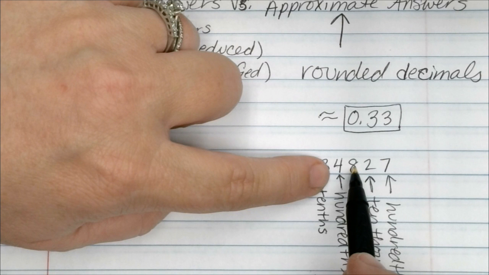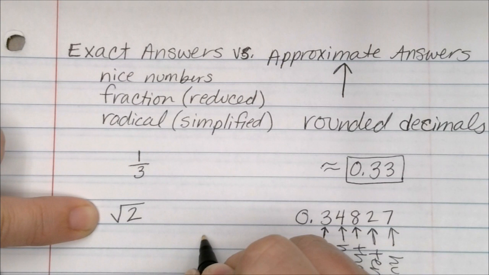The other thing I want to talk to you about is simplifying radicals. Because we're getting a lot of radical answers as we're using our distributive property, right? So if I get something like this as my answer, that's not a simplified answer.